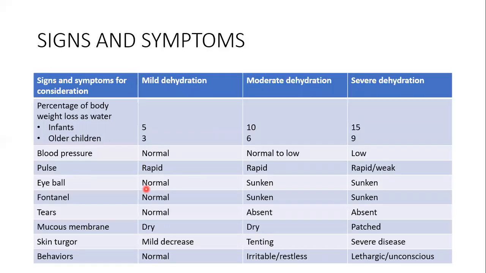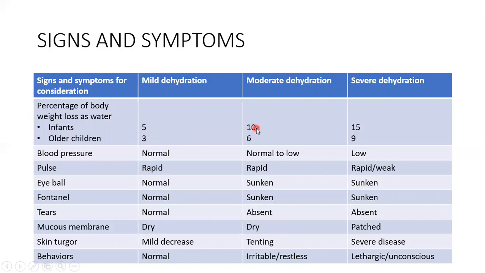Here is a table to illustrate the signs and symptoms of dehydration according to their severity: mild, moderate, or severe. When you look at the percentage of body weight lost as water, in infants, mild dehydration loses about 5% of body fluid.